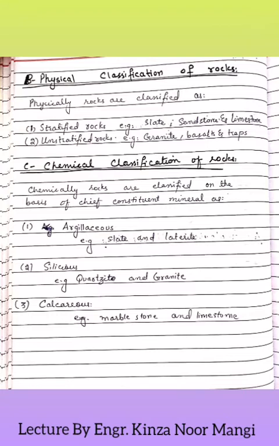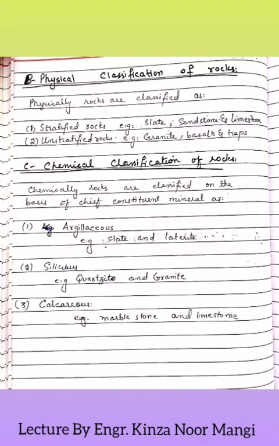Now coming towards the unstratified rocks. Unstratified rocks are those which do not show any sign of stratification. They cannot be easily split into thin slabs or layers. For example, granite, basalt, and traps.